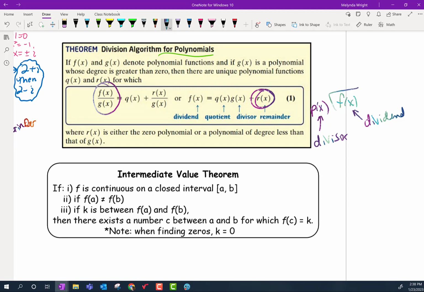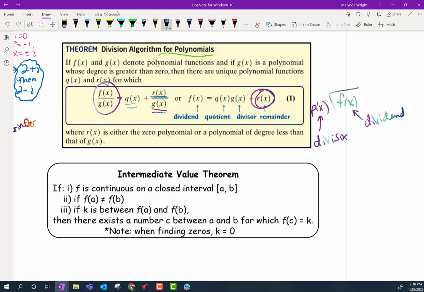When we divide them, we get something called the quotient. And when we write our remainder, it's the remainder over the divisor. That's just the format of how things would look if we're doing long division. Okay, just some vocabulary words.